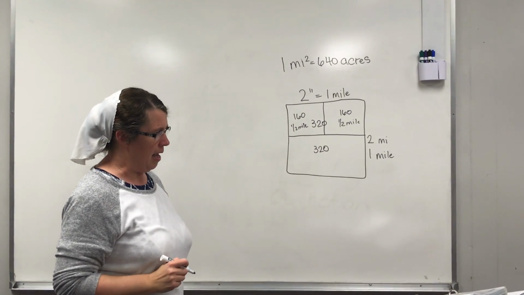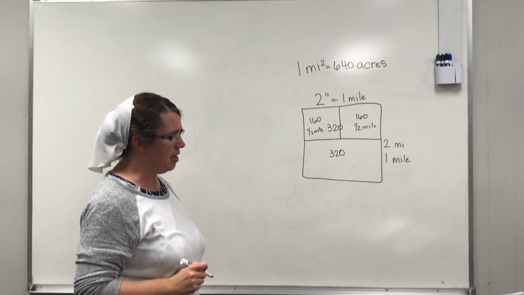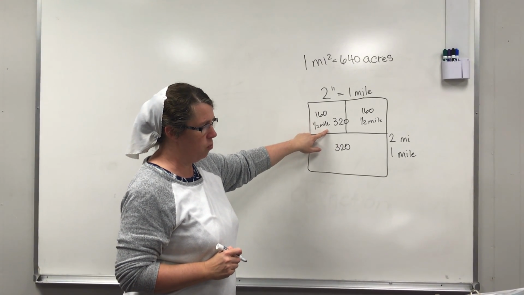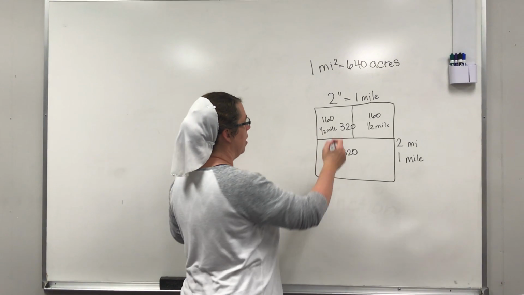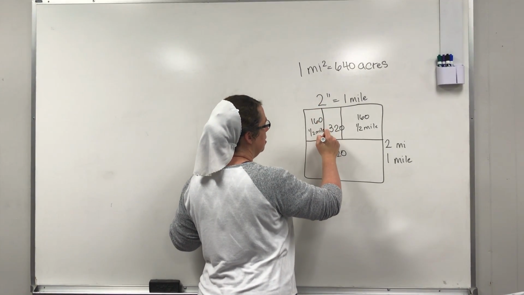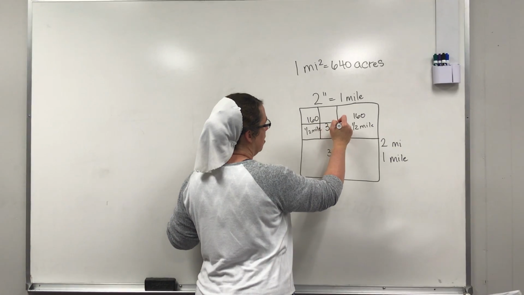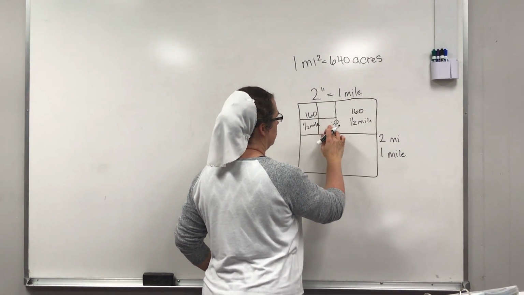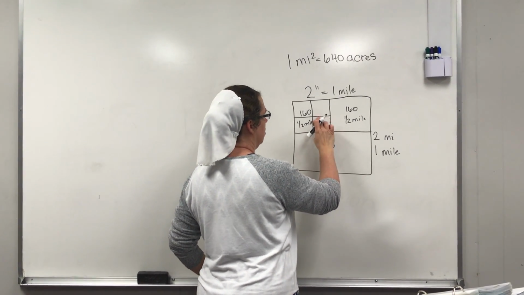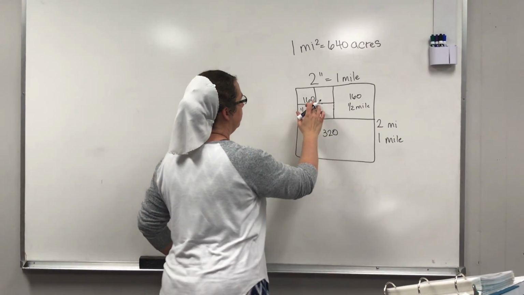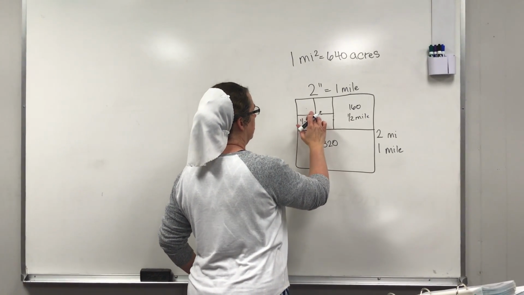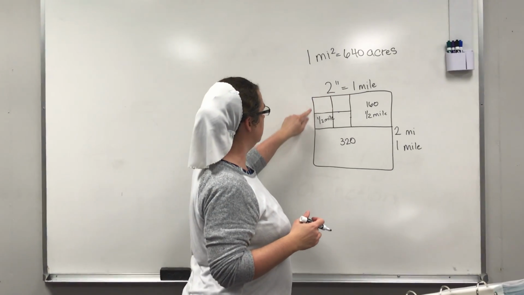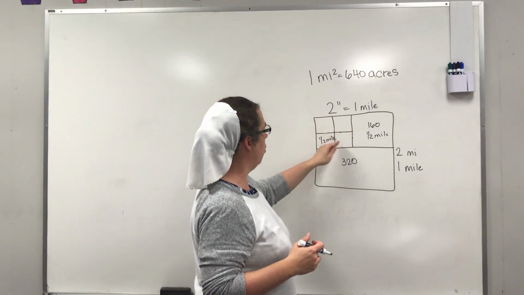All right, and number 3 says divide the top left quarter section into 4 equal plots using 1 vertical line and 1 horizontal line. I'm going to erase this right here so you don't have so many numbers and that's confusing. All right, so now we took our 160 box and we divided it into 4.